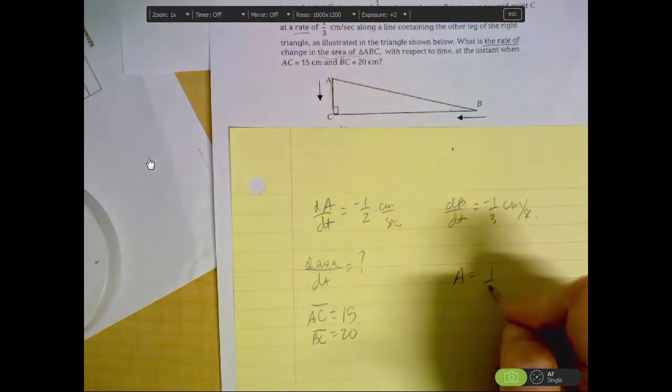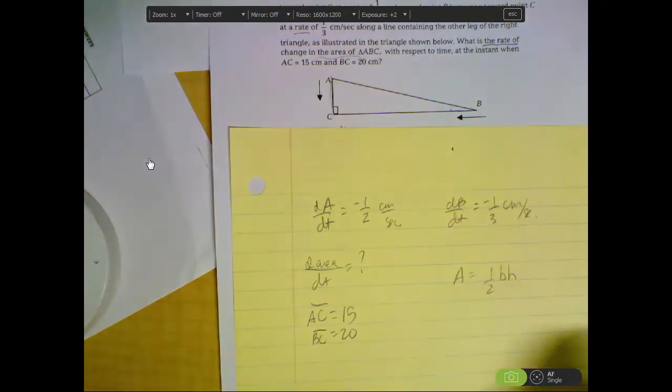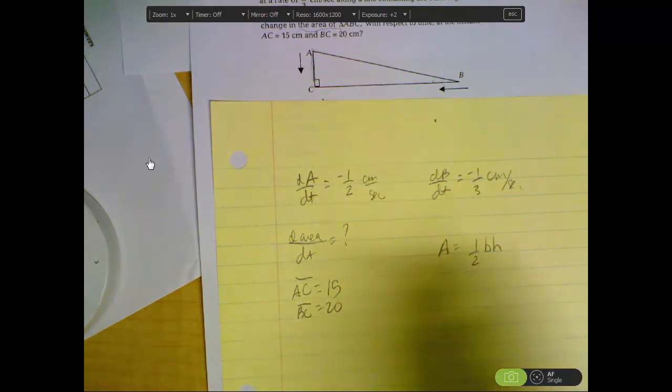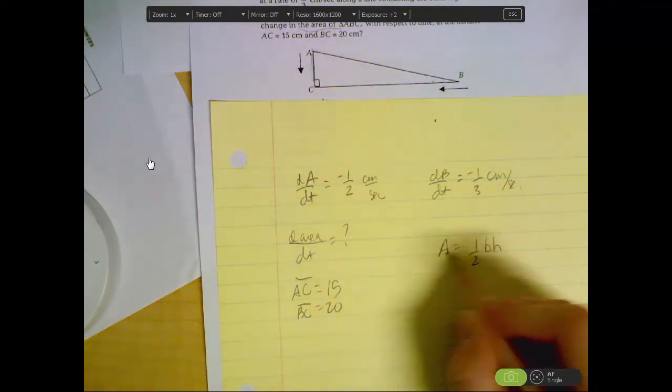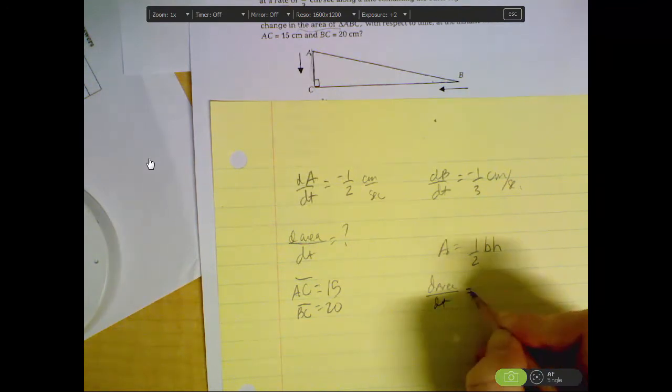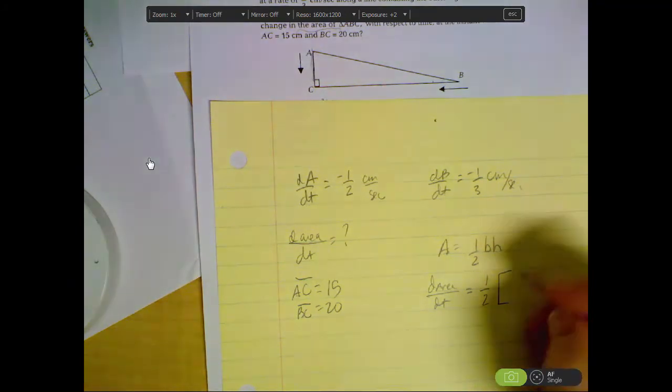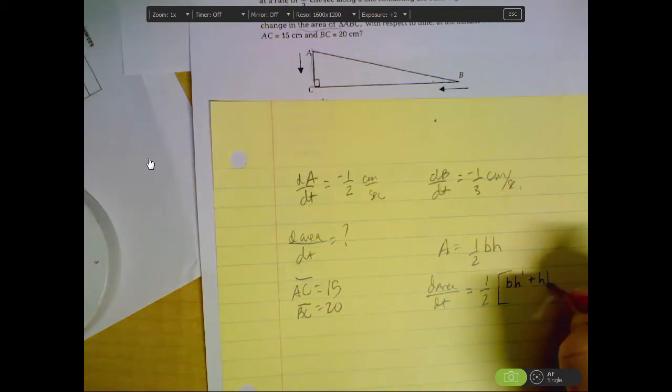Area of a triangle is 1/2 BH. We want to know what is the rate of change of this. So we're going to take the derivative of both sides. d(area)/dt equals a constant times B H prime plus H B prime.